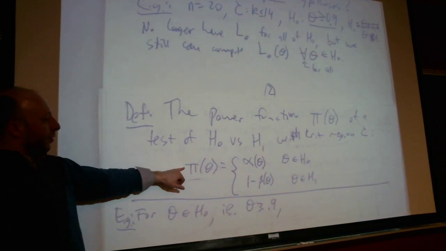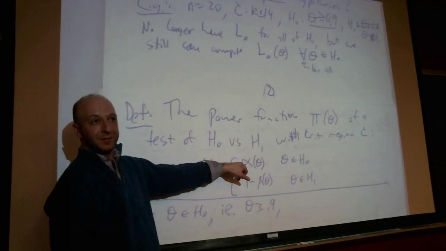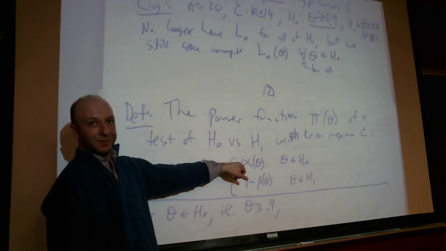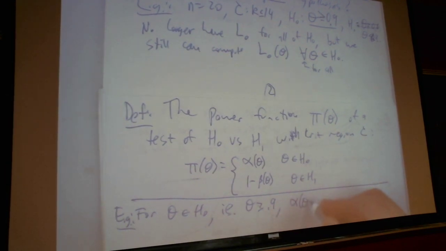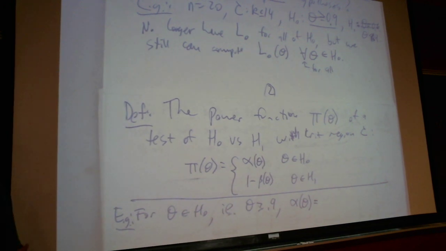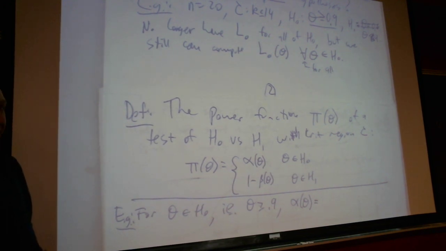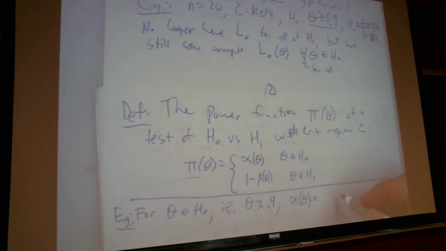What would we do to compute the power function? We compute alpha. So what is alpha of theta in general? It's the probability of a type 1 error.